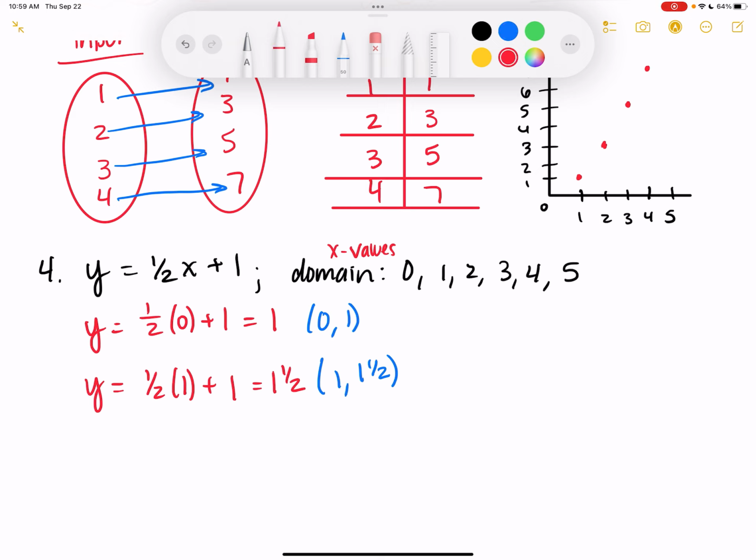So then let's do 2. So y equals 1/2 times x is 2 plus 1. Let me rewrite this so it's a little easier to see. So what is 1/2 times 2? Let me rewrite this a little bit better.